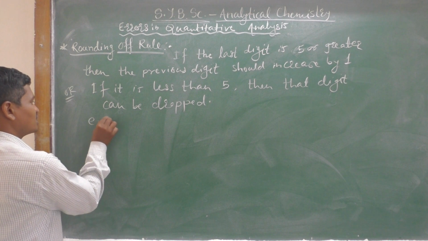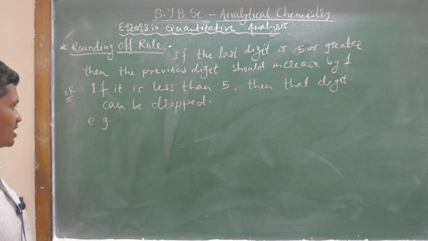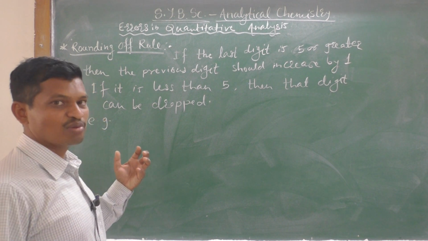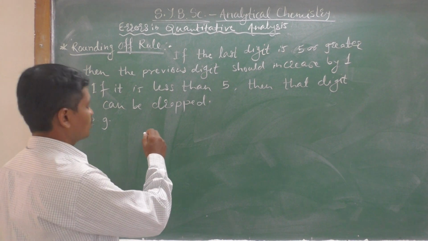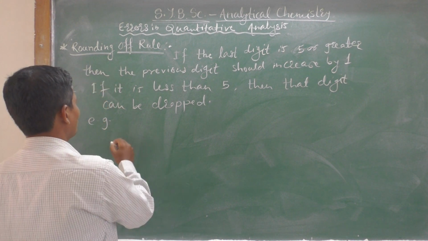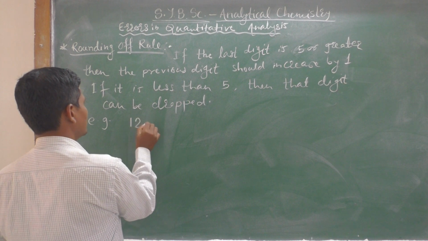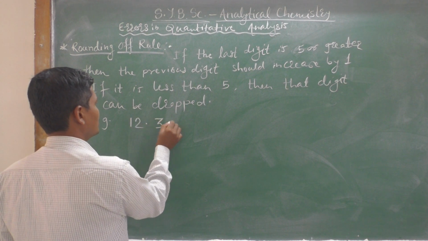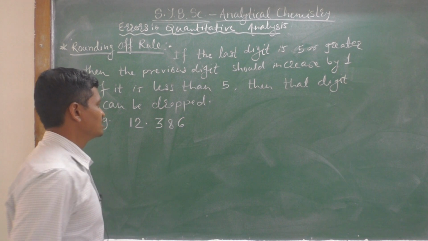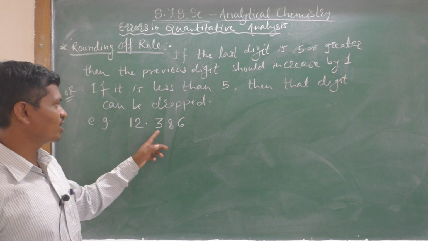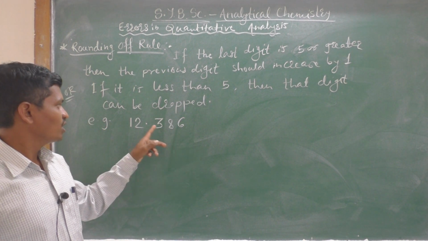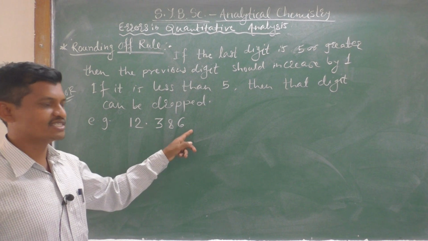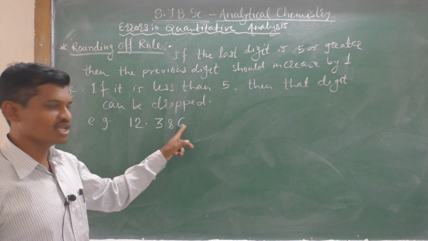If you look at these examples, then you will find out what is actually meant by the rounding off rule. For example, let us see 12.386. After the decimal point there are 3 digits: 1, 2, 3.